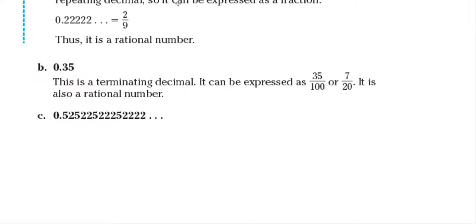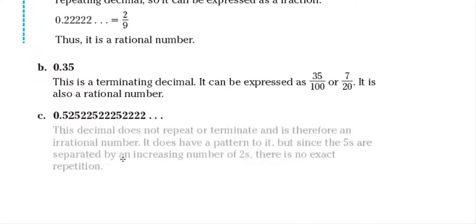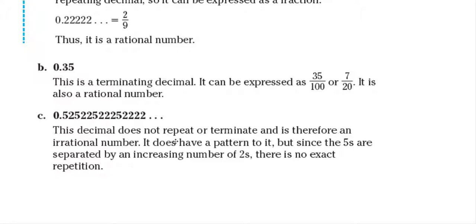No, actually it does not, because if you look closely, you have 52, then 5222, then 3 twos after that, and 4 twos after that. So there is no repeating pattern in terms of the digits. The repeating pattern means that all the digits that repeat need to be the same every single time. So in this case, it does not repeat nor terminate and is therefore an irrational number.